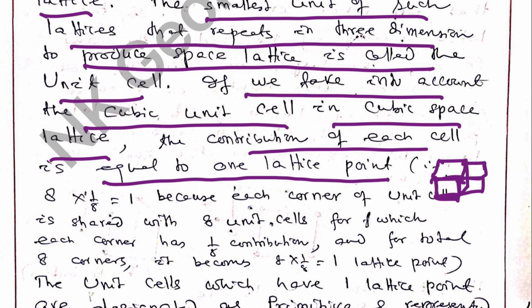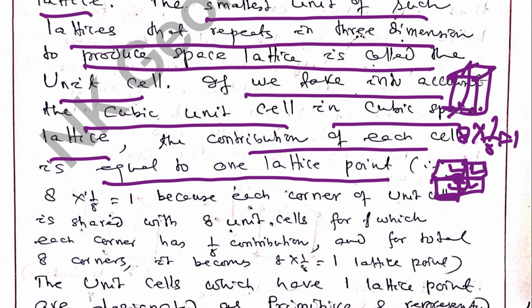So this point will be shared by 4 unit cells, and at the top of it there will be 4 more unit cells. So this corner will be shared by 8 unit cells. So the contribution of each corner of a cubic unit cell is 1/8. So the total contribution of 8 points in a cubic lattice will be 8 times 1/8, that is 1.